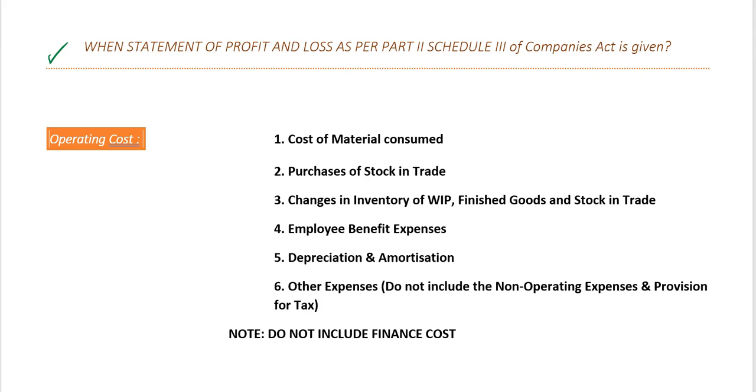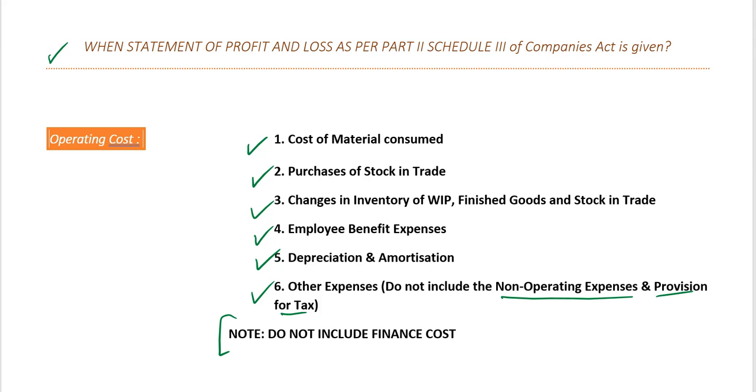We need to take the amount against cost of materials consumed, plus the purchases of stock in trade, plus the changes in inventories of work in progress, finished goods and stock in trade, plus the employee benefit expenses, plus the depreciation and amortization, and also take other expenses without including any non-operating expenses and provision for tax.